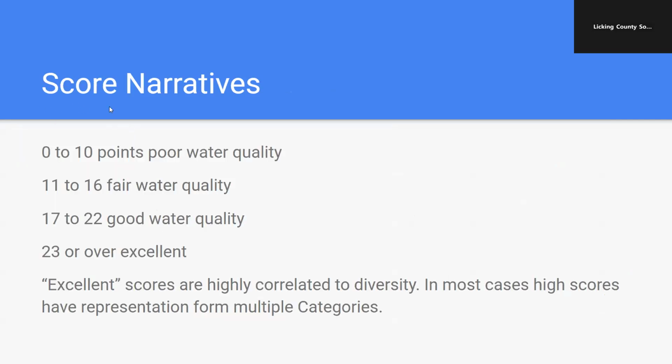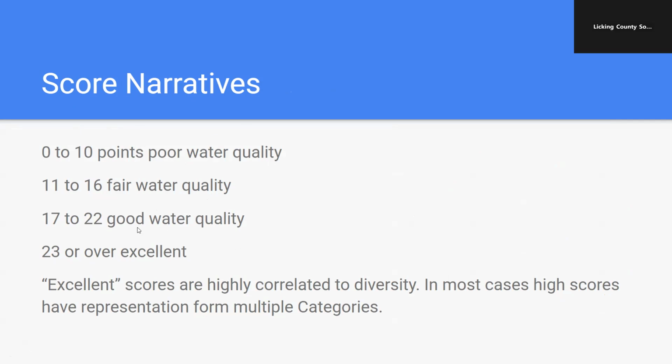As I said earlier, we've got these groups of pollution tolerance for the narrative section: 0 to 10 for poor water quality, 11 to 16 for fair water quality, 17 to 22 for good water quality, and then 23 and over is excellent.